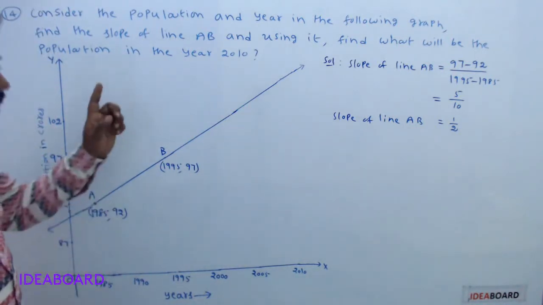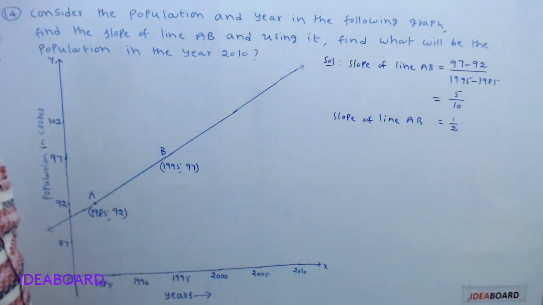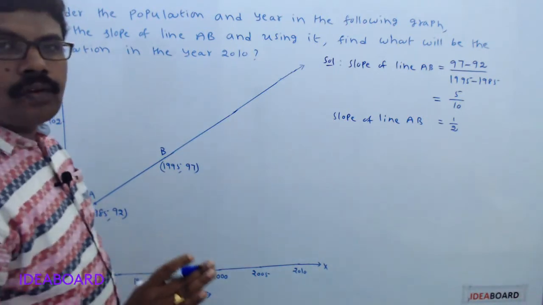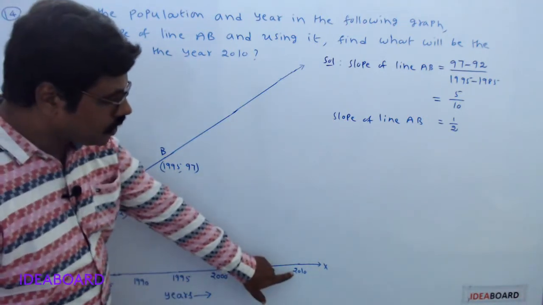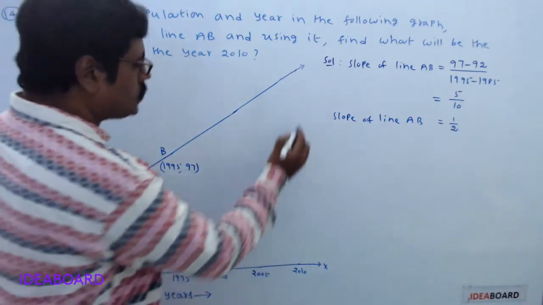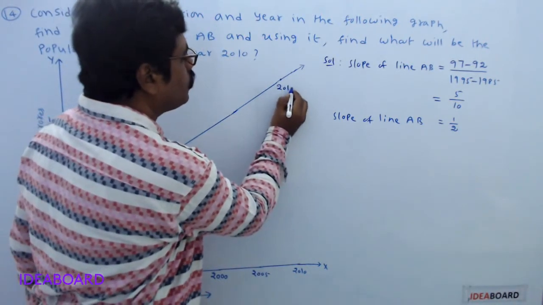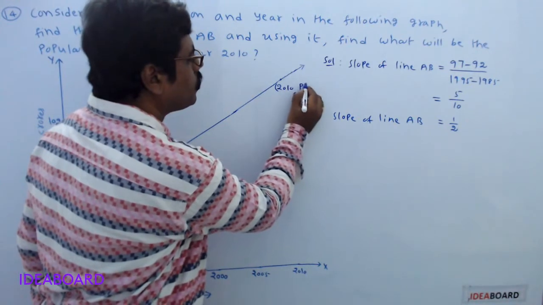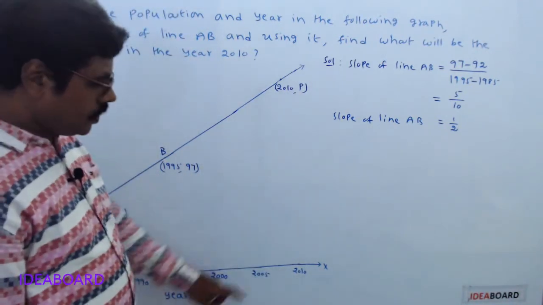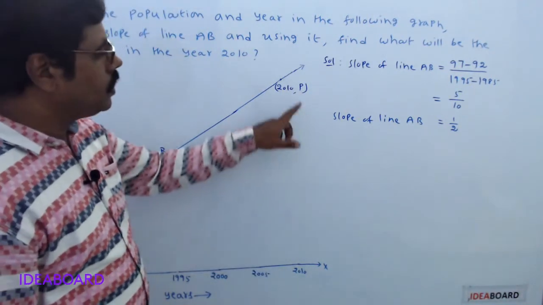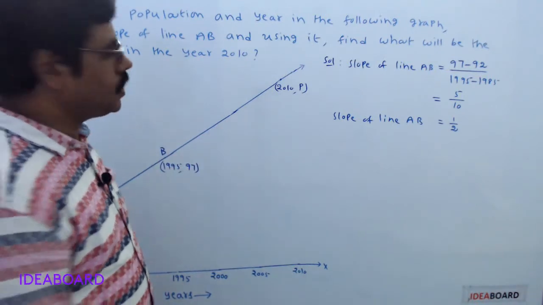Then we need the population in the year 2010. Initially, we don't know the population in the year 2010. Suppose in the year 2010, I will take the corresponding population as P. In the year 2010, let P be the population.